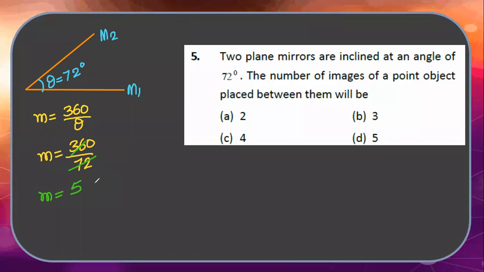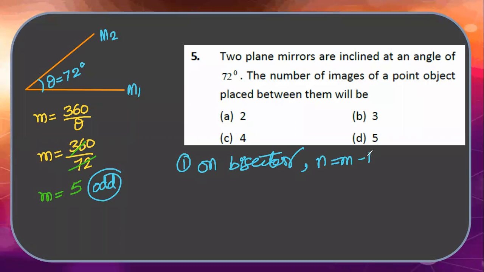It is an odd number. If it is an odd number, two cases are there. If the object is on the bisector, N is equal to M minus 1.